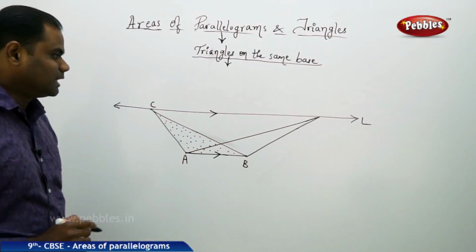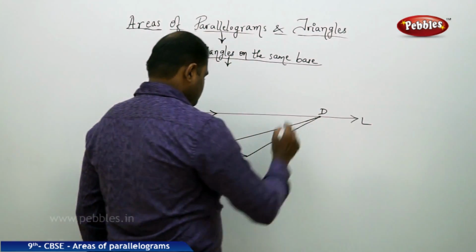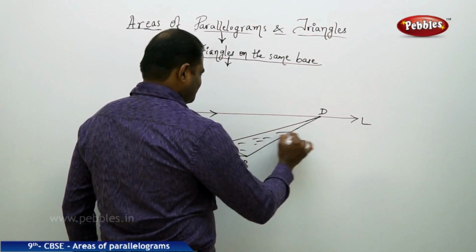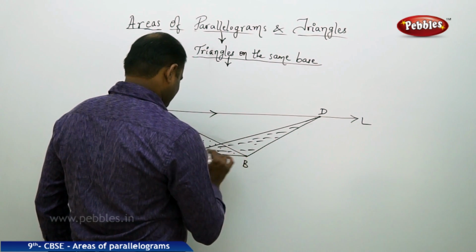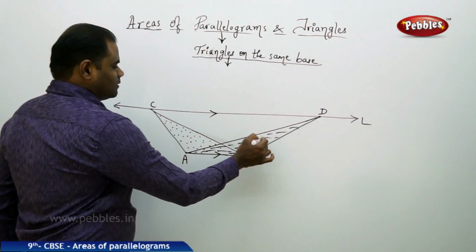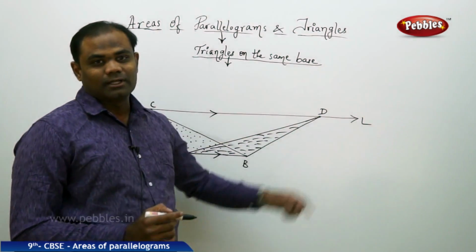So I have the other triangle which connects with D. So this is the triangle ABD, which is on the other side.